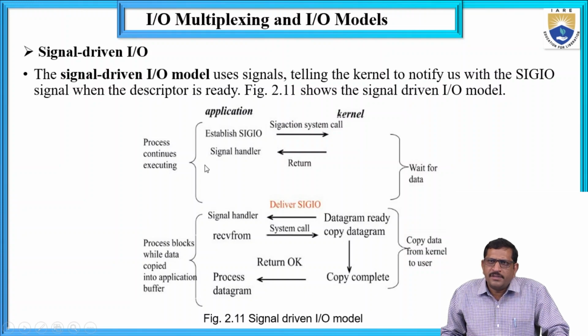In this model, the application establishes a SIGIO signal handler using the sigaction system call, which returns immediately. The signal handler can then handle these signals.